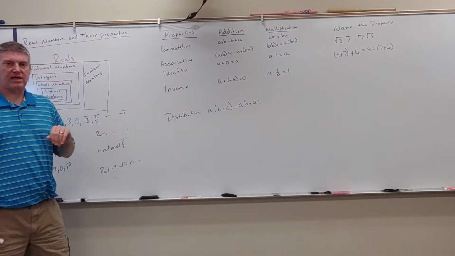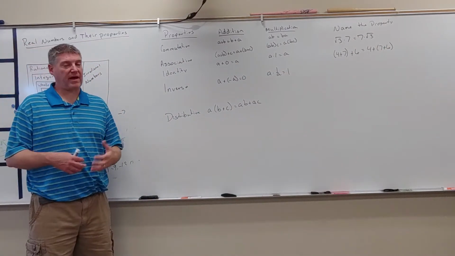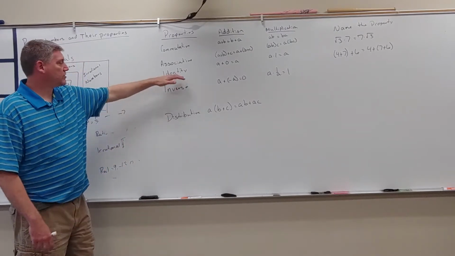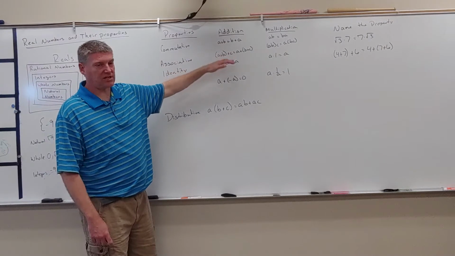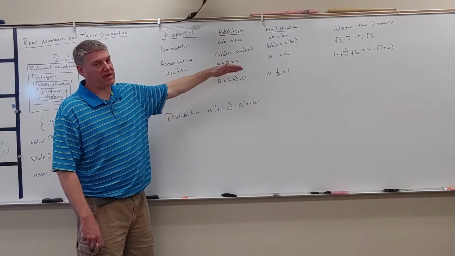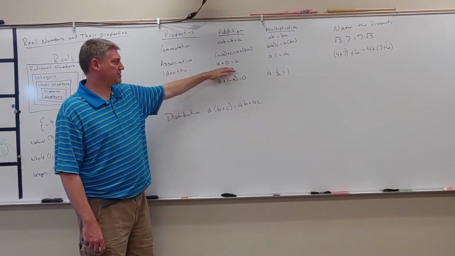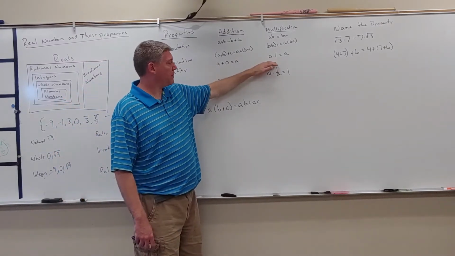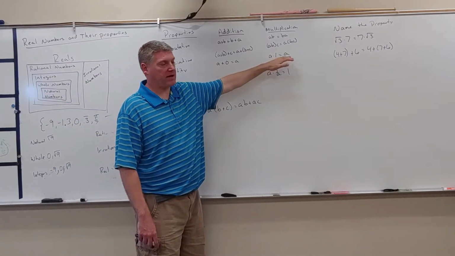Our identity just means that I'm getting back to my initial object, okay? So the identity property of addition is, what am I going to add to A to make it equal to A? A plus 0 is A, okay? Multiplication. What am I going to multiply A by to make it A?